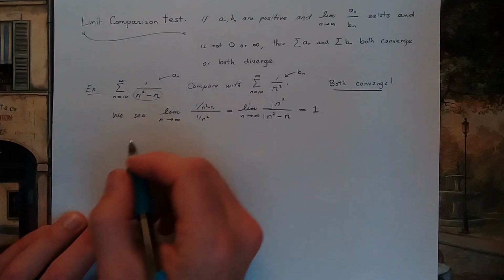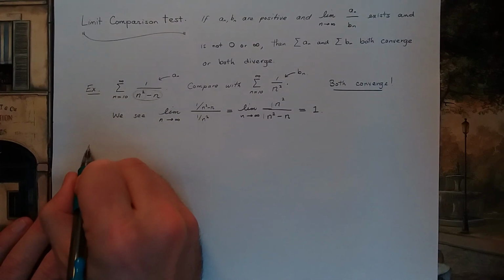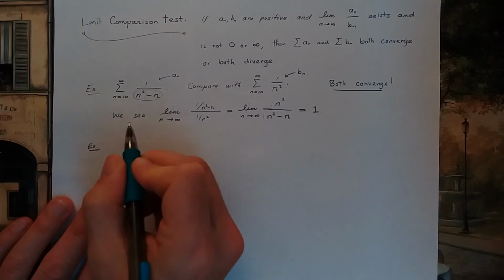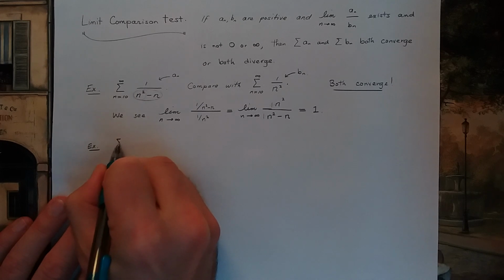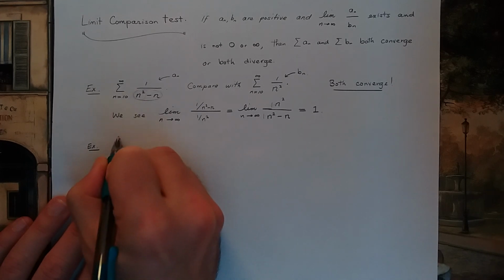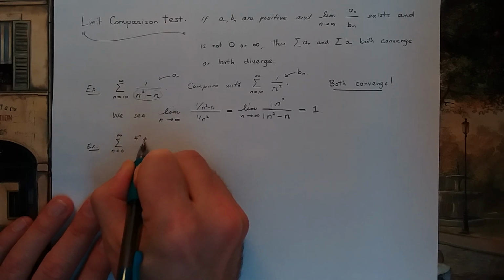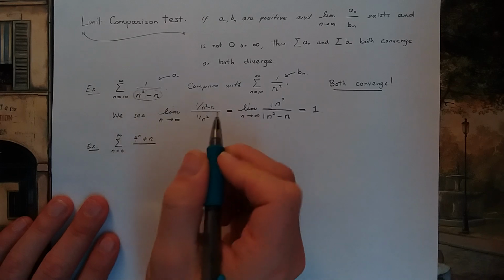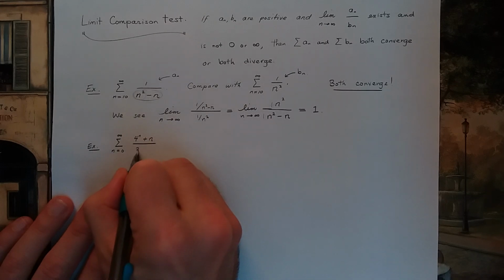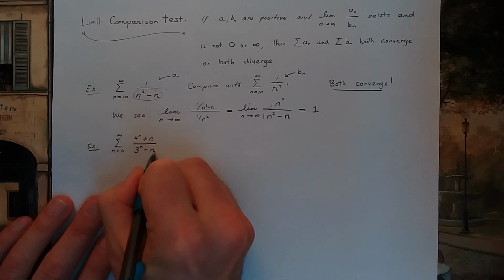All right, let's do another example. What about the sum n going from 0 to infinity of 4 to the n power plus n over 3 to the n power minus n?